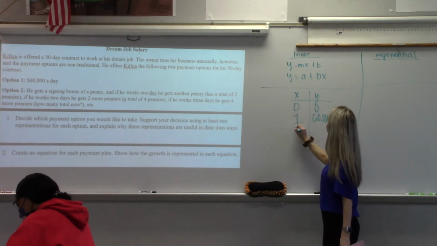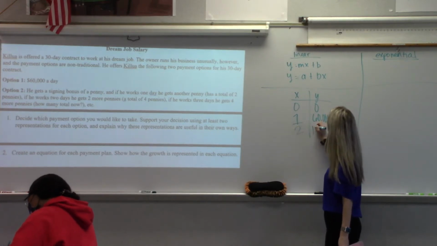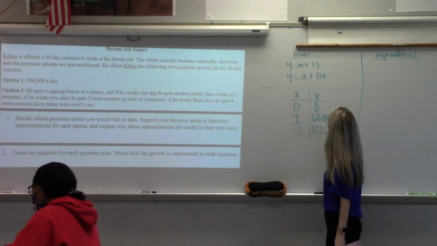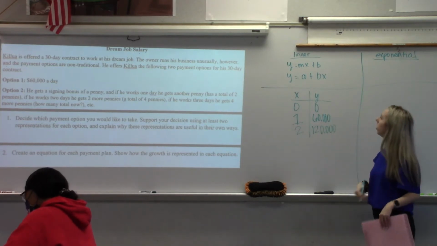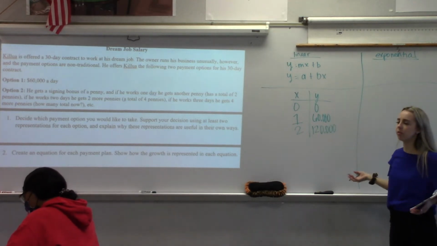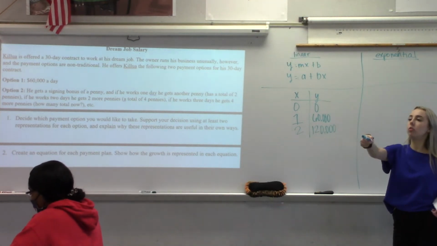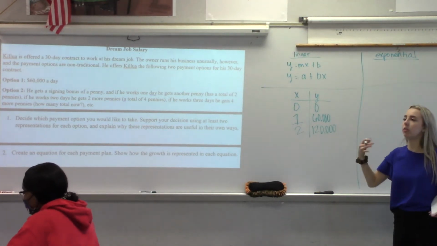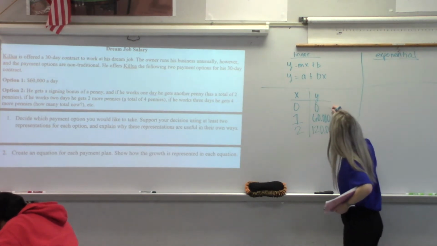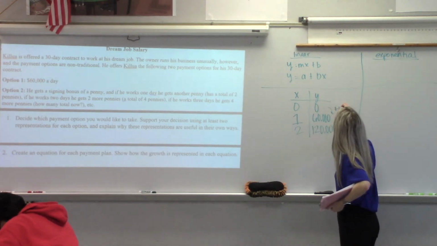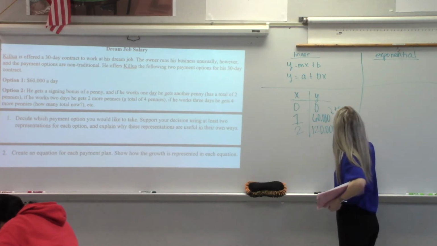Okay, and day 2, 120. So, what's going on? What can we conclude from the table? The constant rate of change is 60. Right, so that's a constant rate of change. So maybe just show that additive change.